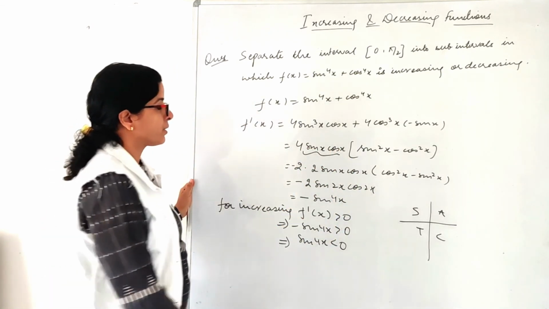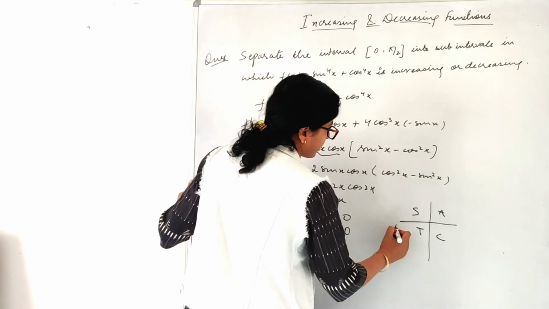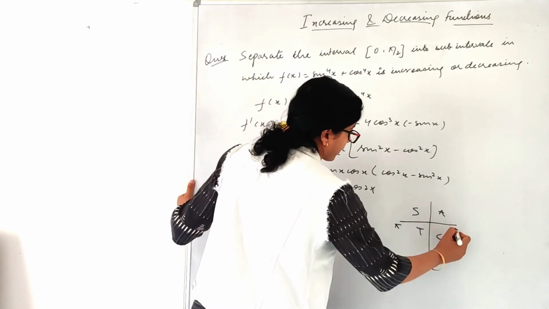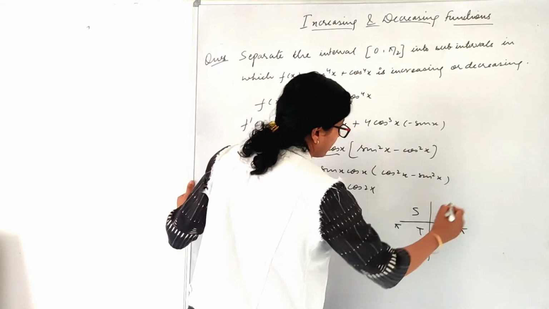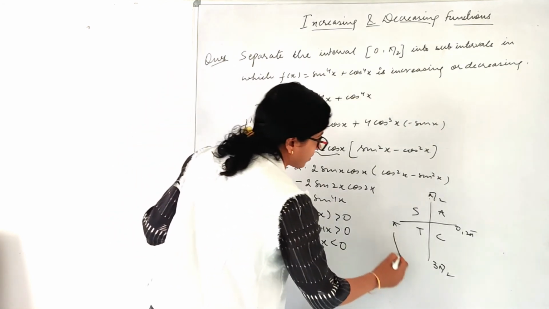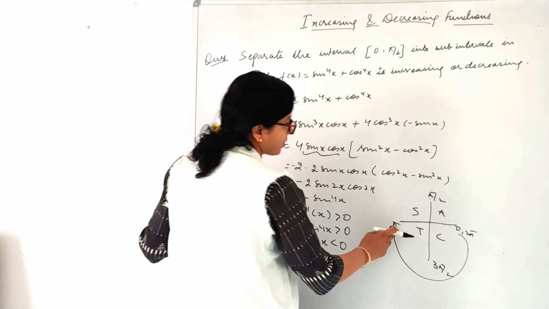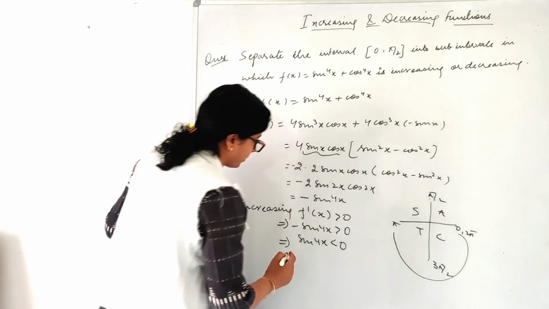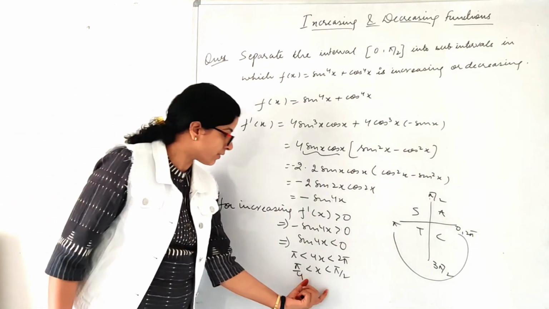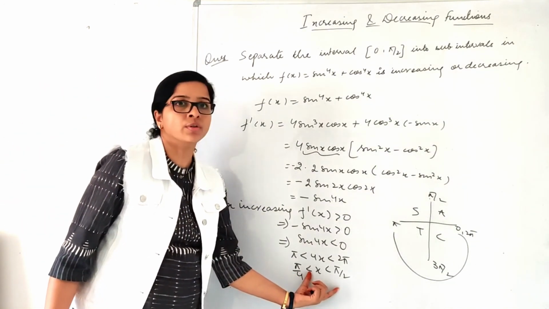So it means I'll take the quadrant from here to here. For increasing, 4x should lie between pi to 2 pi. For increasing, the interval is pi by 4 to pi by 2.